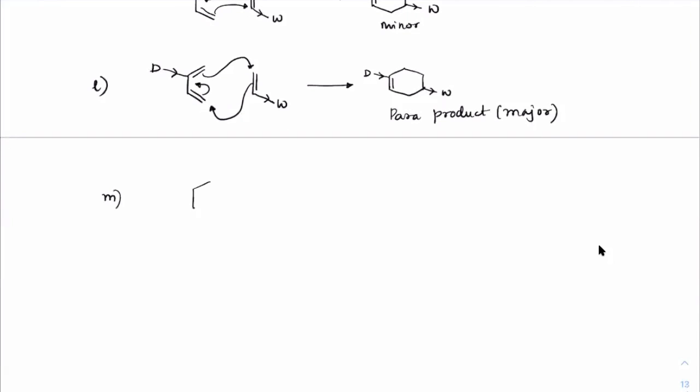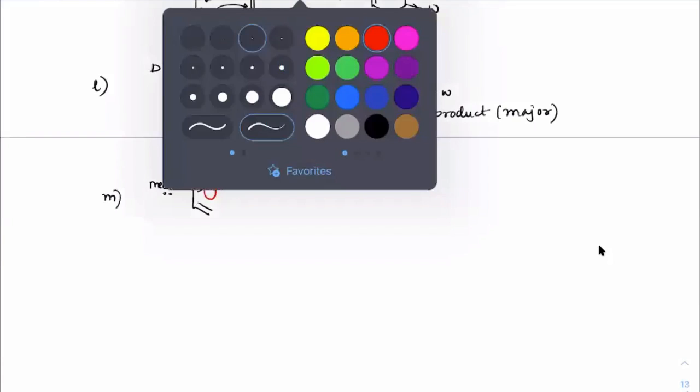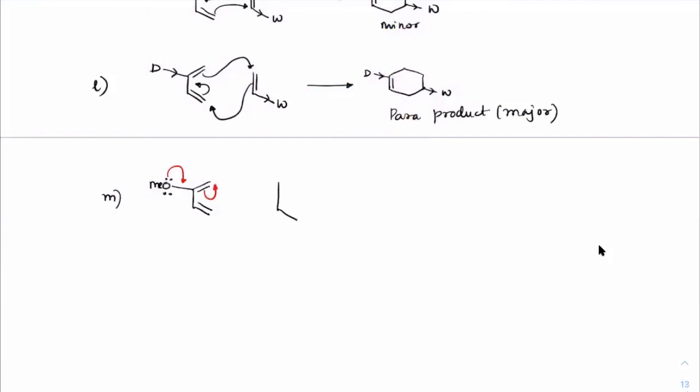In case I have a diene with OMe, and OMe will undergo resonance stabilization to push these electrons away like this. So therefore, a carbanion would be formed here, and that is where it would start attacking from. And we know that on the other side, if you have cyanide, let's say CN is there.